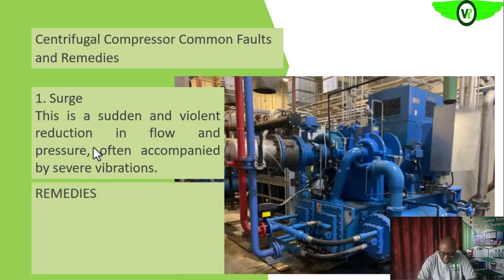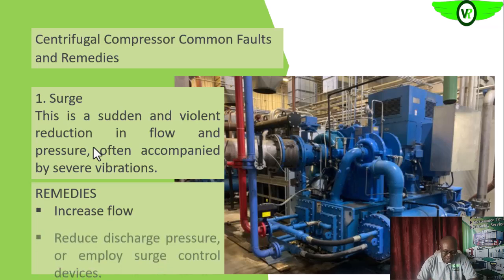So what are some of the remedies? One, we can increase flow, open up the discharge so that we'll have the compressed gas flowing out of the compressor without much hindrance. So once we increase the flow, that will tend to decrease the back pressure on the incoming compressed air from the suction end.